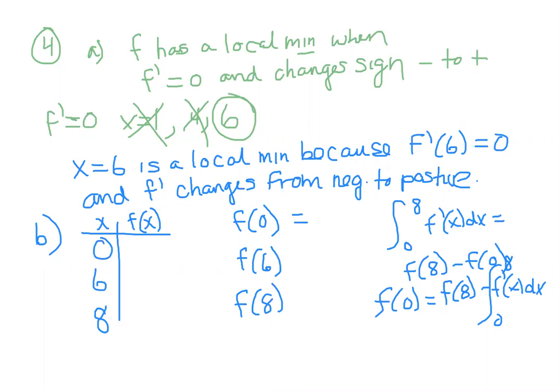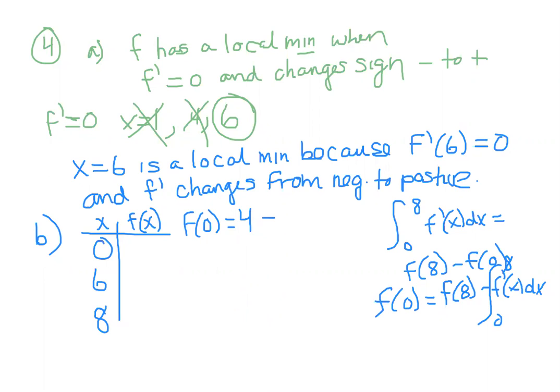So f of 0 is going to be f of 8, which they gave us was 4, minus the integral from 0 to 8 of f prime of x dx.